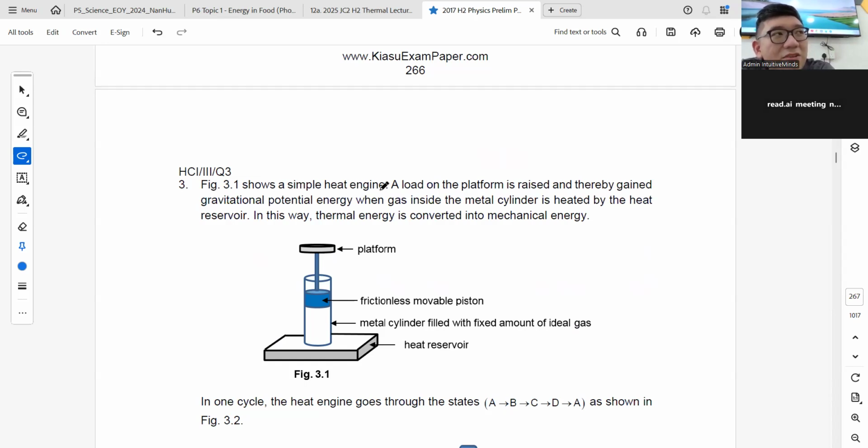But to explain that is a bit difficult at this point in time. It's complicated. Anyway, a heat engine is simply an engine that provides heat from mechanical energy. Mechanical energy means like kinetic lah, movement.